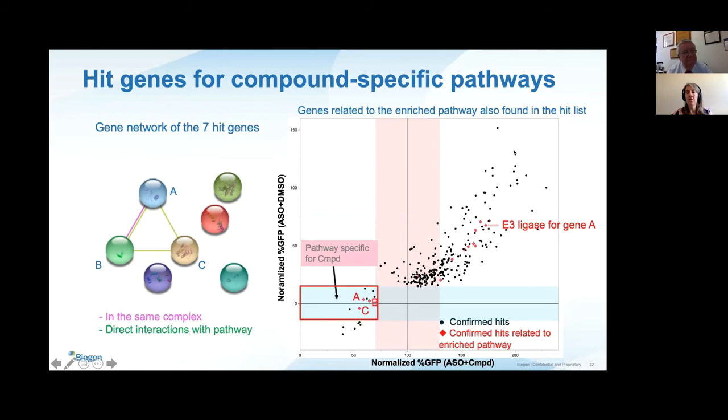We're also looking at some of these other black dots that were not related to the compound or that pathway. And some of these are related to early endosome and the Golgi and autophagy pathways. So we're pretty interested to further explore what these might mean for the ASO uptake mechanism.